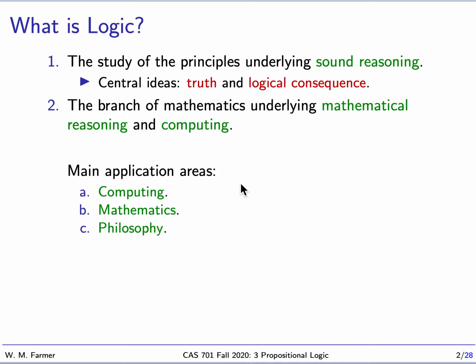Another way of defining logic is it's a particular branch of mathematics, the branch that underlies mathematical reasoning and computing. Now, traditionally, there's three main areas where logic is applied: in computing, in mathematics, and in philosophy.